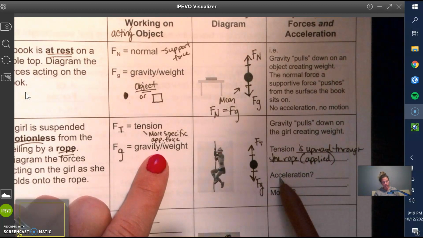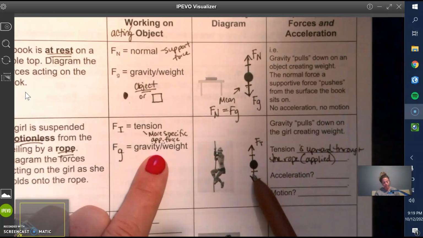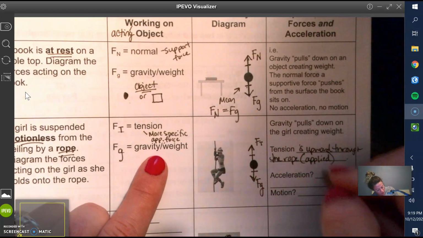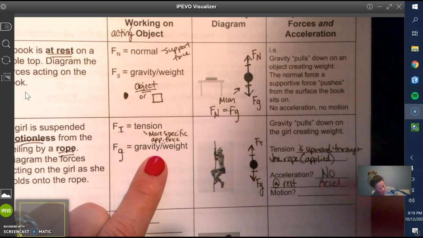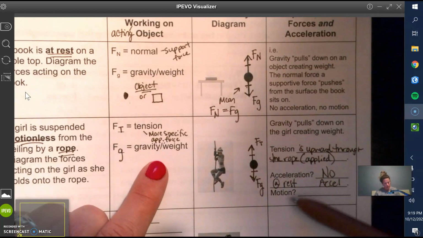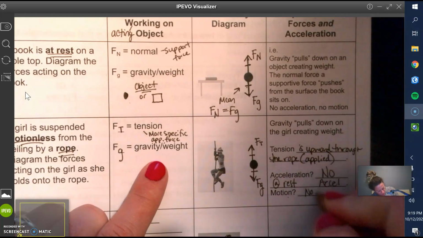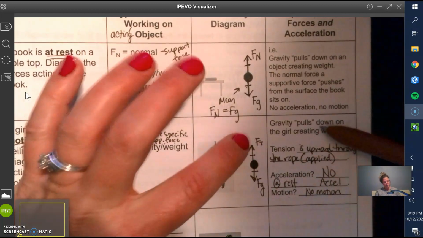Now, is she accelerating? That's what we have to ask ourselves. And once again, if we have equal forces, they can be at rest or they can be at constant velocity. Therefore, there is no acceleration because she's at rest. Now, is there motion? Well, she's not moving, so there's no motion. So we always want to talk about each, right?